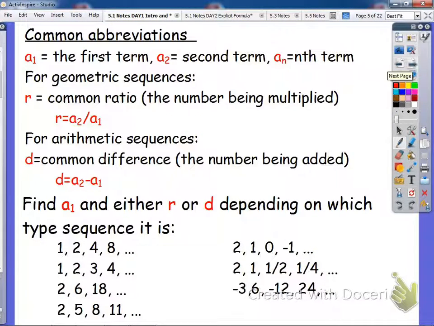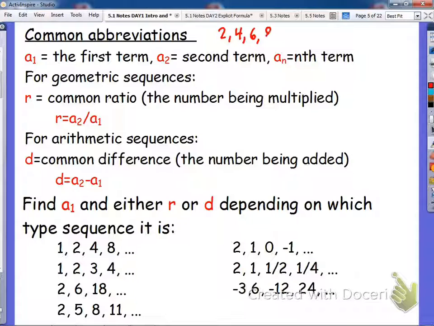Now here's some abbreviations. When we're dealing with sequences, like let's take the sequence 2, 4, 6, 8, 10, 12. All right. This right here is the first term. It's A subscript 1. Okay? That's the first term.